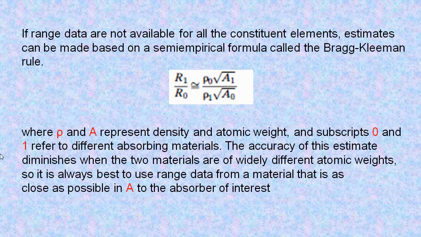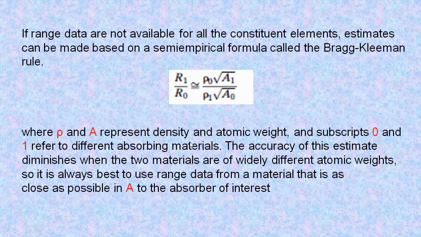The subscripts 0 and 1 refer to different absorbing materials. The accuracy of this estimate diminishes when the two materials are of widely different atomic weights. So it is always best to use range data from a material that is as close as possible in A to the absorber of interest.